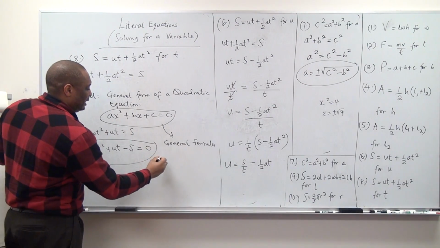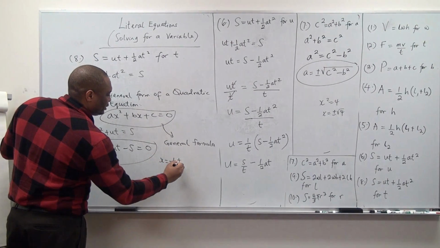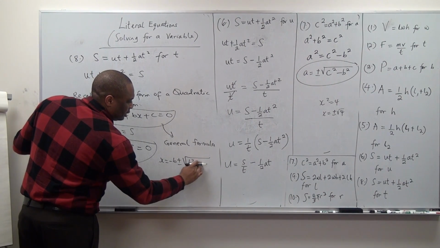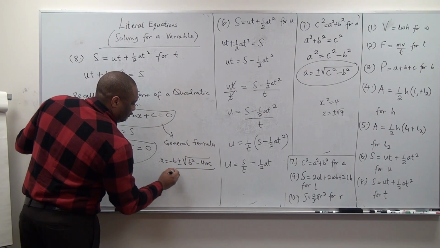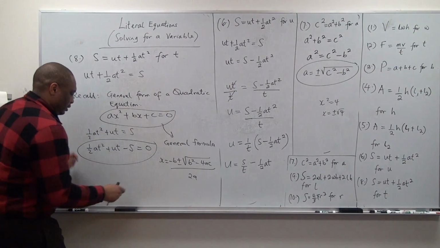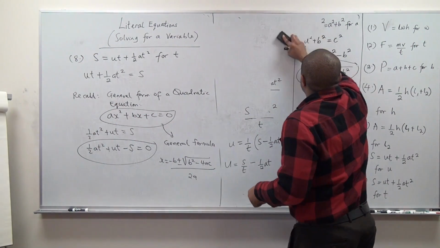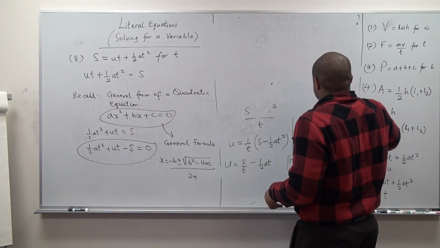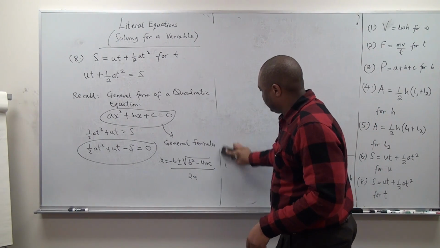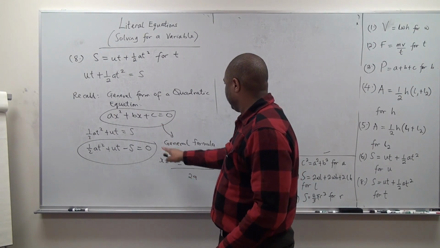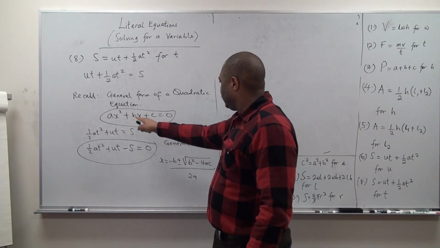The general formula here is x will be negative b plus or minus the square root of b squared minus 4ac all over 2a. B is the second term, C is the third term, and A is the first term.